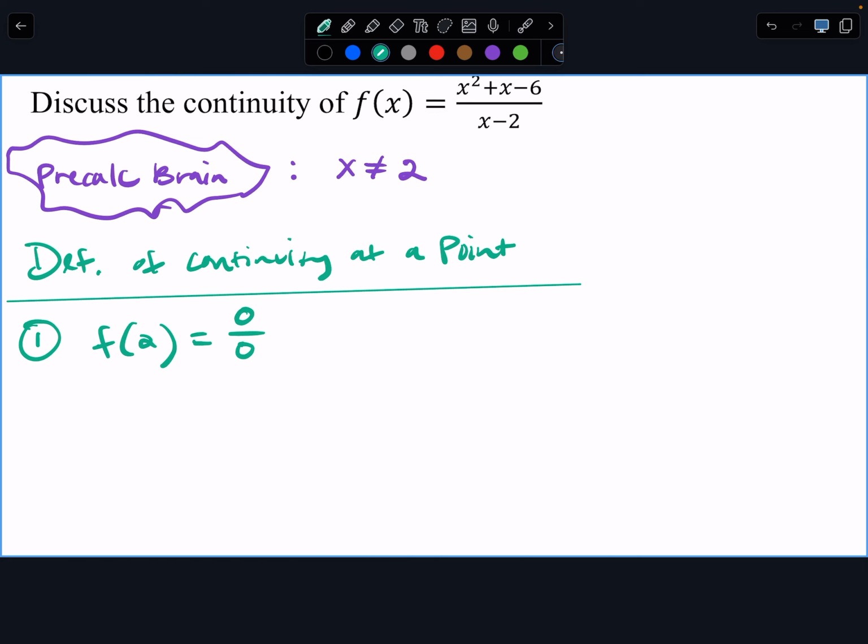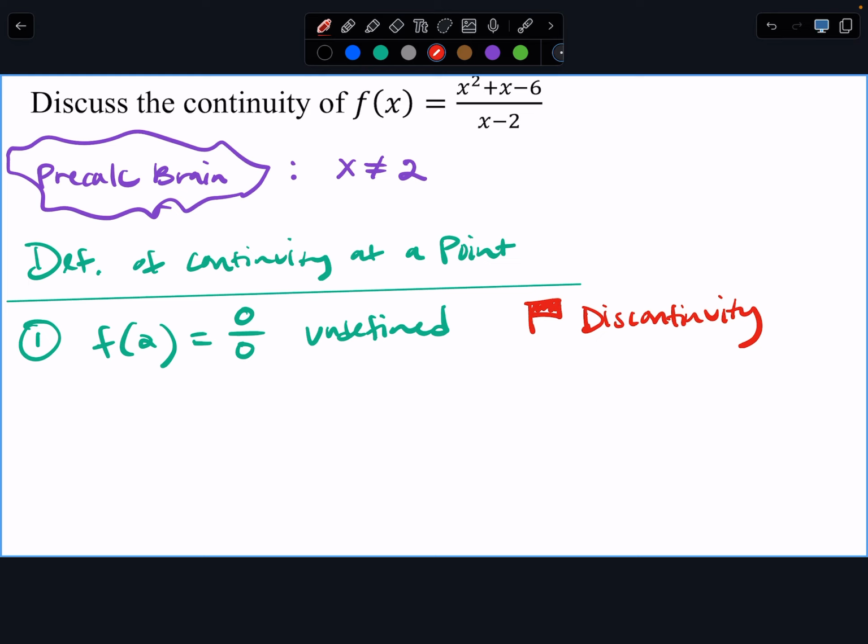But again, we're having this discussion from a calculus perspective. 0 over 0 at this point, we're just thinking is undefined, which is a red flag for discontinuity. We immediately know, hey, f is discontinuous just from thinking about substituting in 2.